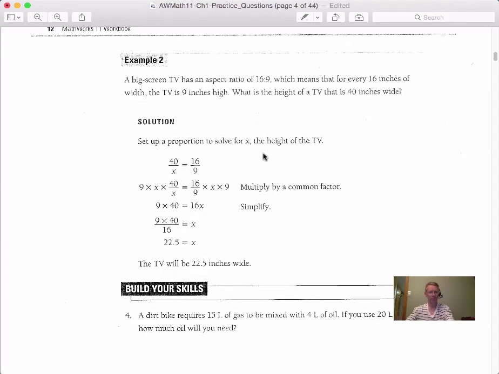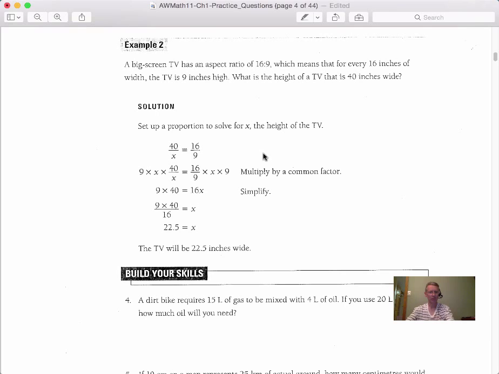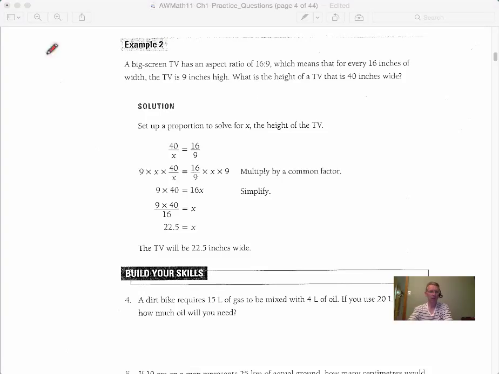The next example on page 12 talks about a big screen TV that has an aspect ratio of 16 to 9, which means for every 16 inches of width, it's 9 inches high. It's asking what is the height of a TV that's 40 inches wide. We already have this ratio, 16 to 9, and that is width to height.